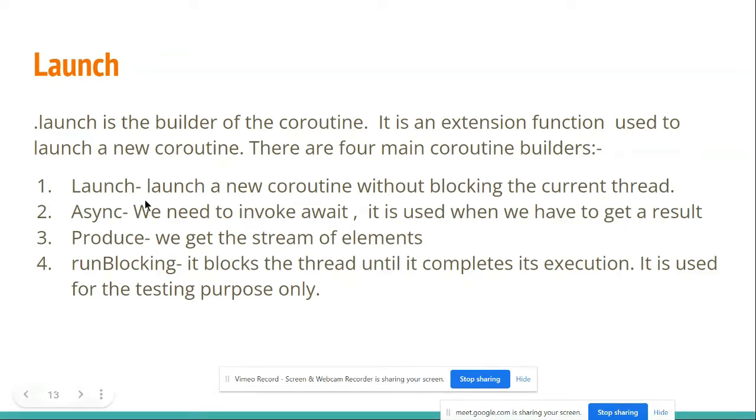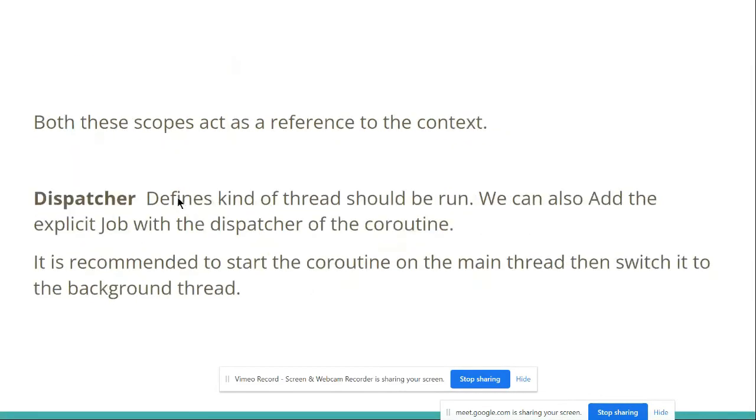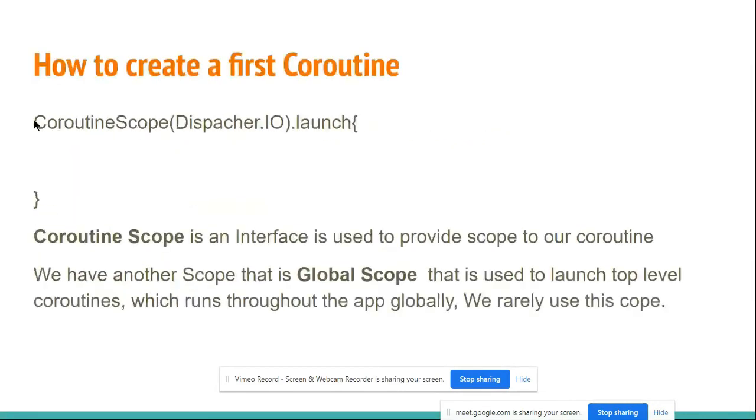Like, suppose we have written a coroutine and we have used launch. Suppose we have to perform a task where we do not need any end result. We have a function that has no return type, and we have to perform some heavy calculations in the background, and after that we will only get a result.